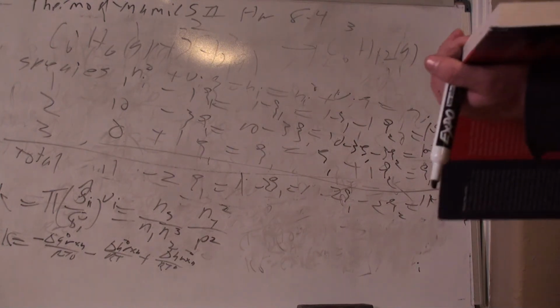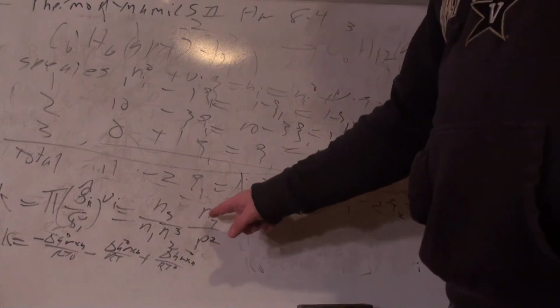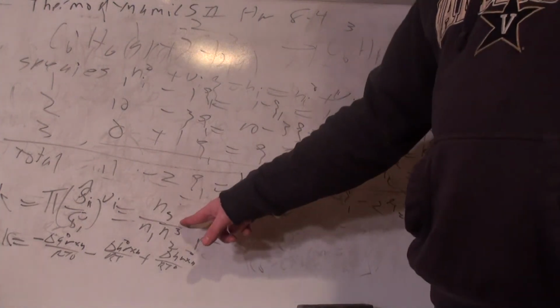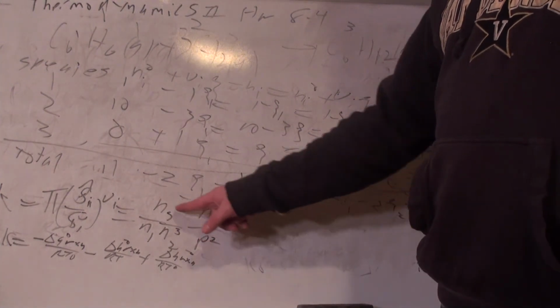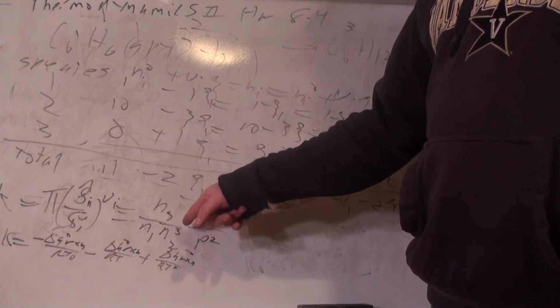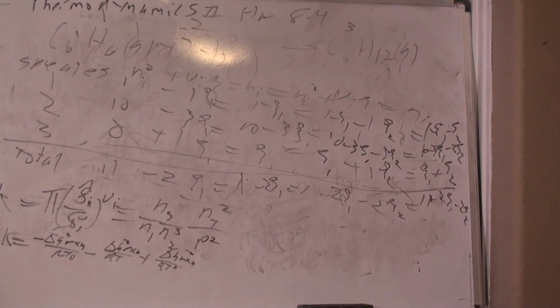Well, that's an easy question too. An inert would increase this guy. 1 over an increased number means this decreases or increases. If this increased, what would this have to do? This would have to decrease. And so that would be a bad thing. So those are easy to answer.